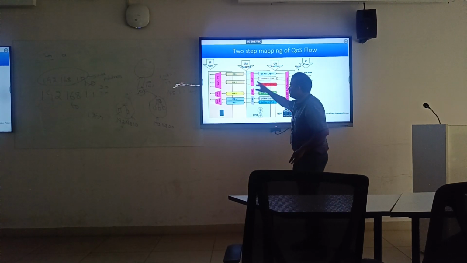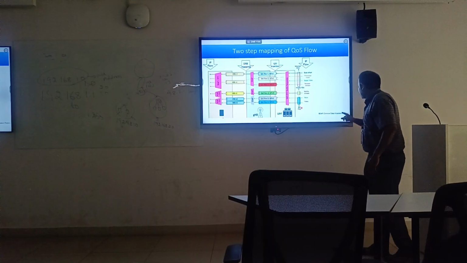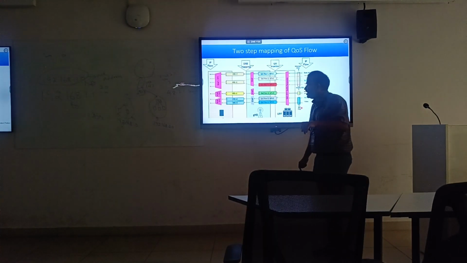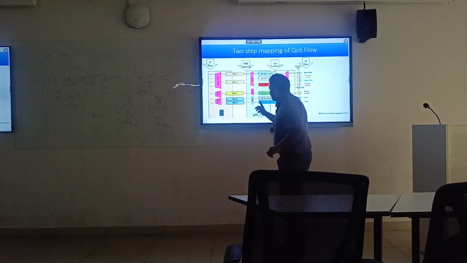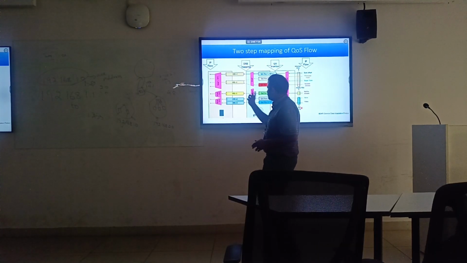In G-Node B, using SDAP, the Service Data Adaptation Protocol. This is one of the protocols used in G-Node B. See this picture.